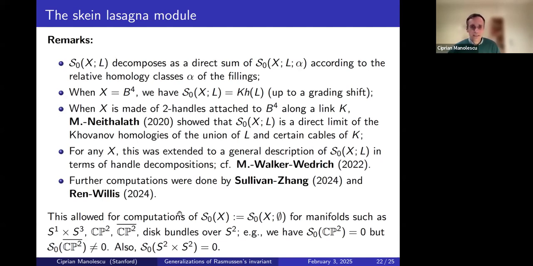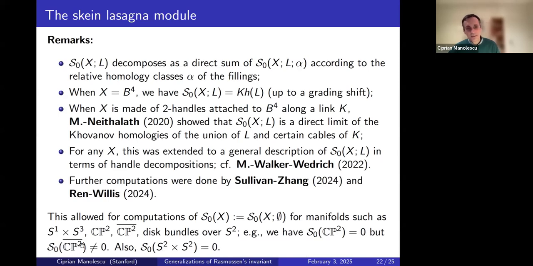Okay, so starting from that, we did some computations. I guess in our paper, we looked at CP2 and some disk bundle over S2. And then Sullivan, Zhang, and Ren and Willis, they did more computations. They computed S2 times S2 in general. They got 0. And then, for CP2, you get 0.